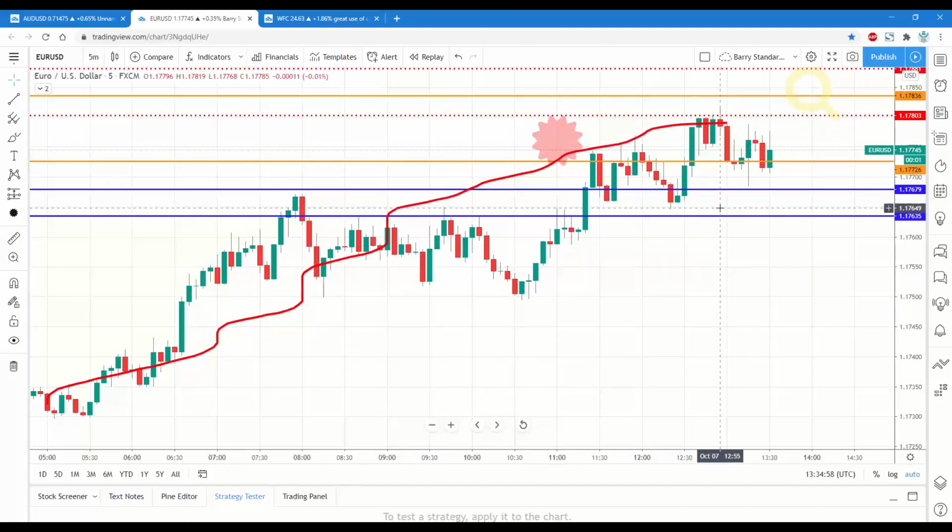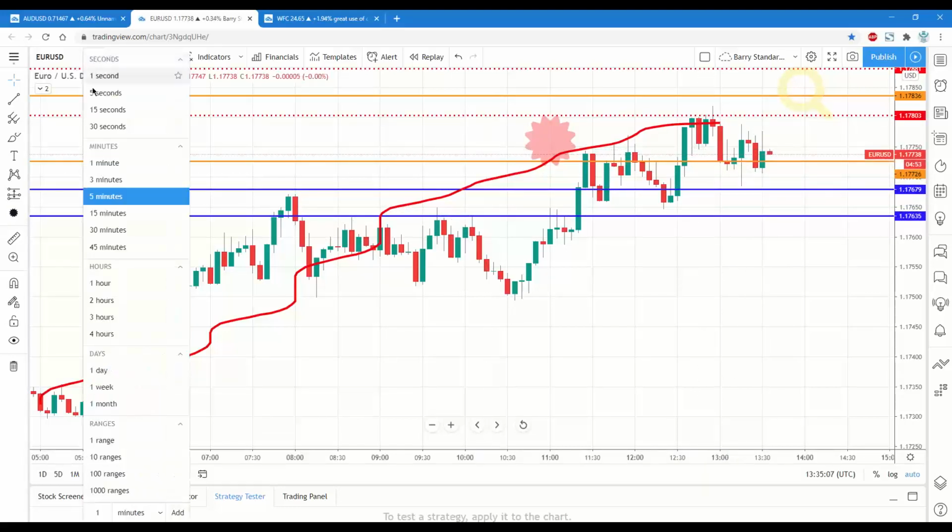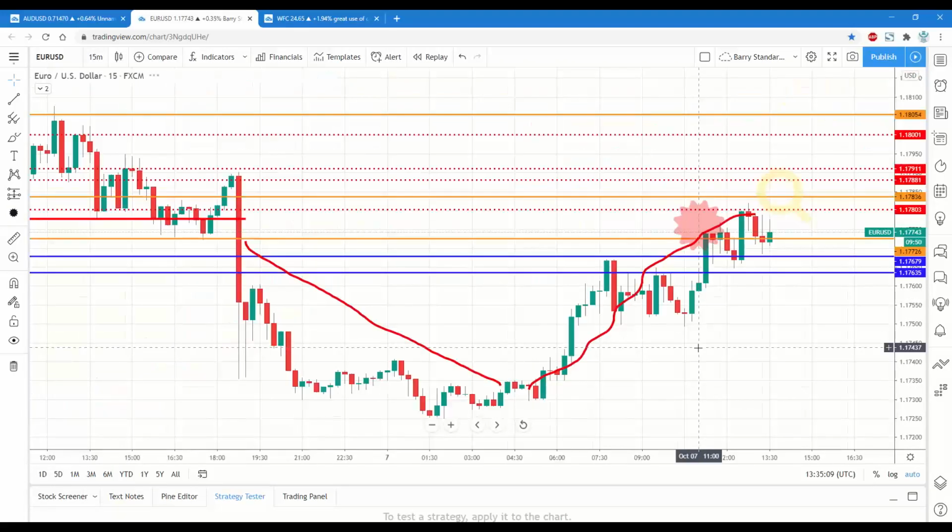So here, this is a 5-minute chart. There's too much action happening there. If we stay at a 15-minute chart, you get to see more clearly what is going on.